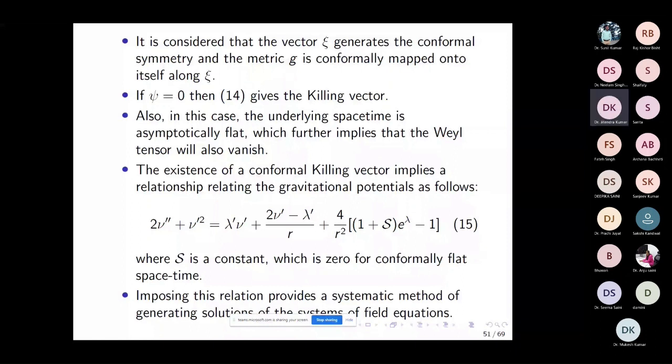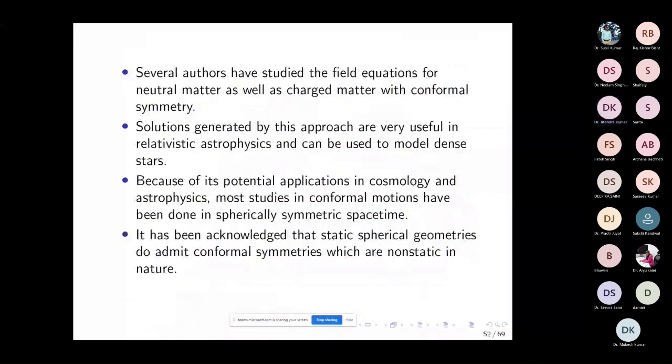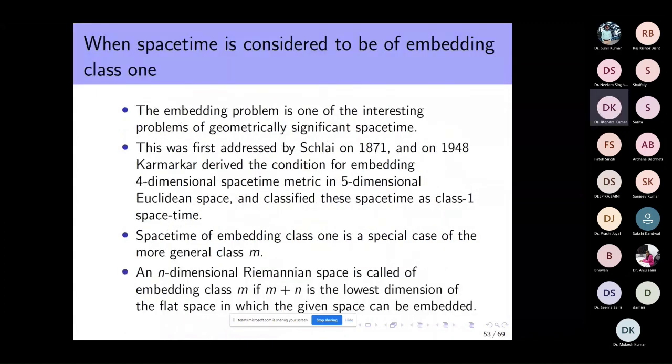Imposing these relations provides a systematic method of generating solutions of the system of field equations. So many authors have used this approach. After that, we have one approach, that is, suppose the space-time is considered to be of embedding class 1.